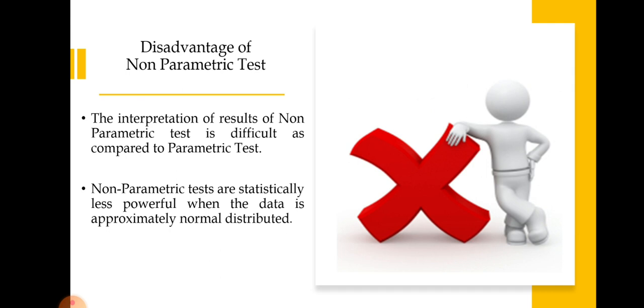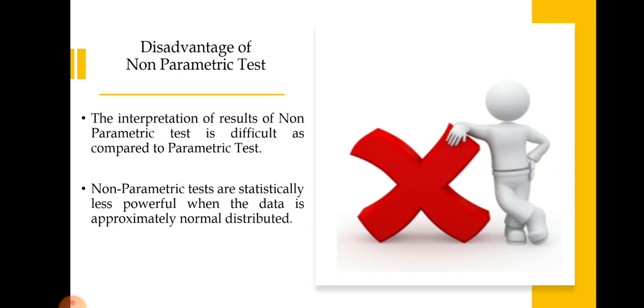So what is the main disadvantage of non-parametric test? If we compare it with parametric test, how does it differ? The interpretation of results of non-parametric test is not easy as compared to parametric test. There are some tough calculations, and their results are not easy to interpret.